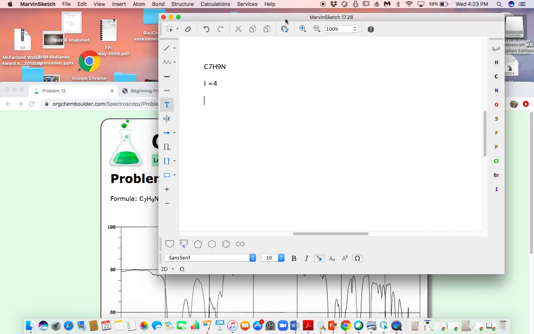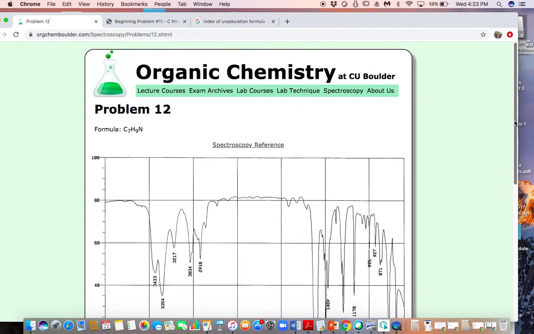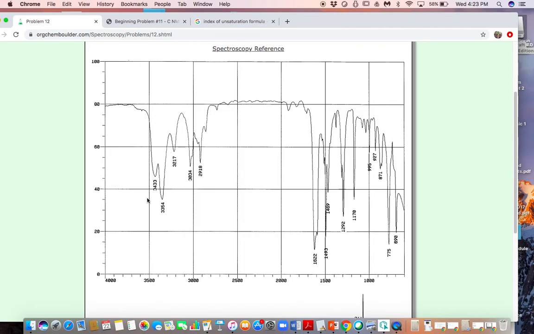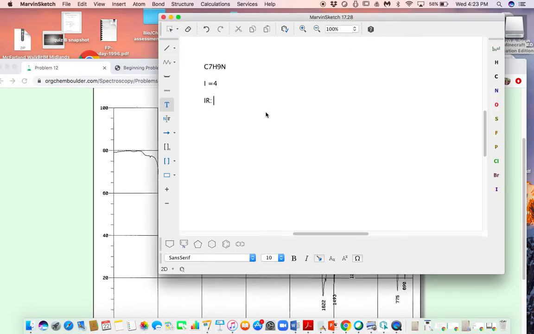Okay. All right. If we look for quick and easy stuff to get from our IR, I'm definitely seeing this right over here. This is sort of a moderate peak, a pair of peaks in the 3,300, 3,400 region, right? And that really is in close agreement with what we see with primary amines.